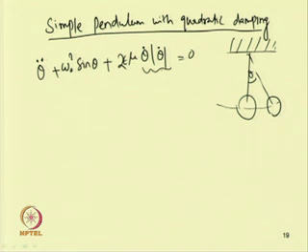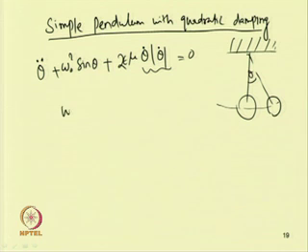But if theta is not small, then we can go for qualitative analysis and also approximate solutions using different methods. If one performs this qualitative analysis, one can obtain the singular points by putting the time derivative terms equal to 0, that is theta double dot equal to 0 and the damping term equal to 0.